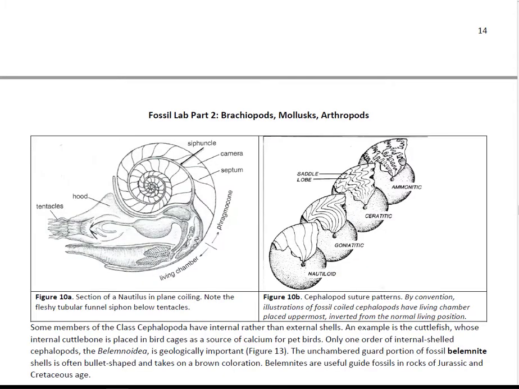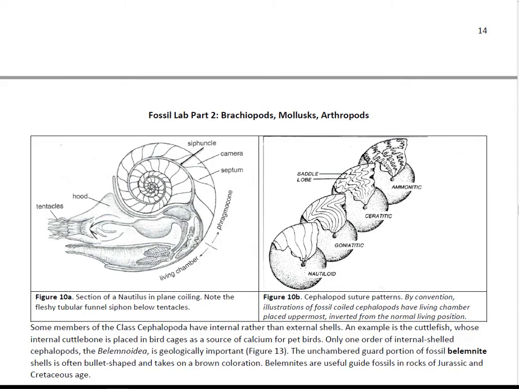We have them a little different here only to emphasize the different suture patterns. That's an important part of trying to identify, or at least grouping the nautiloids into different, either the Paleozoic or Mesozoic. It's the degree of complexity of the sutures.